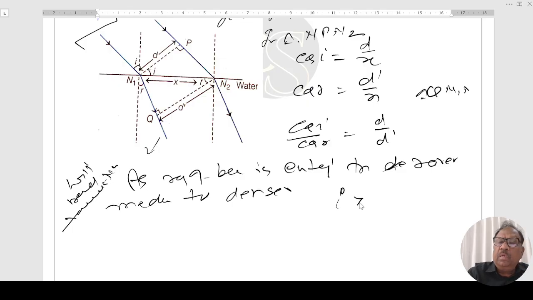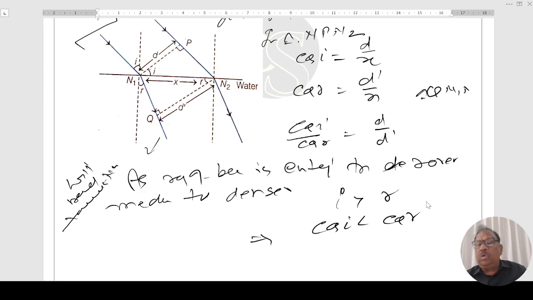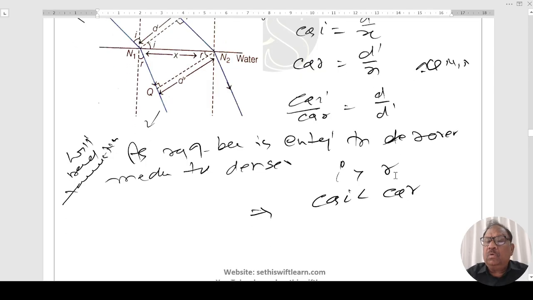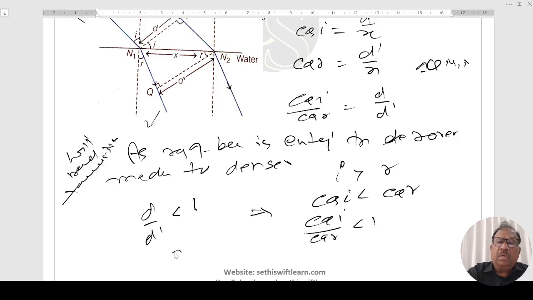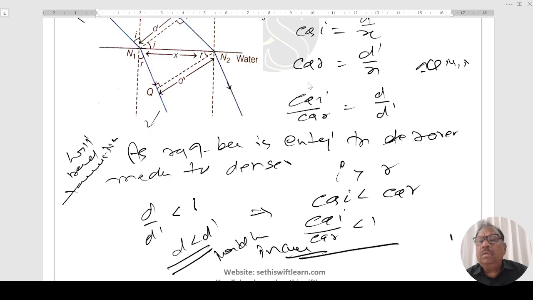Therefore, angle I is greater than R. Then cos I will be less than cos R, because as the angle increases, sin increases and cos decreases. So cos I upon cos R is less than 1. So d upon d dash is less than 1. d is less than d dash, meaning the width increases. Right?